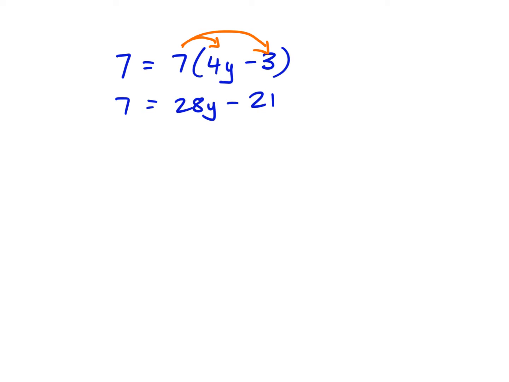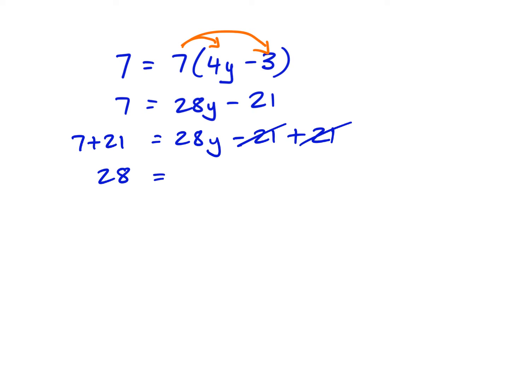So I'm going to add 21 this side, therefore I need to add 21 on the left-hand side. So that'll be 7 plus 21 is equal to 28y minus 21 plus 21. Okay, and those two will cancel each other out, and 7 add 21 is going to give me 28. Is equal to 28y, therefore y must equal 1, and that is the answer.